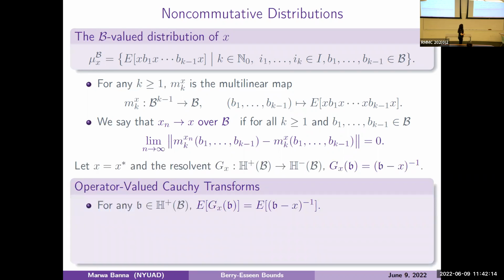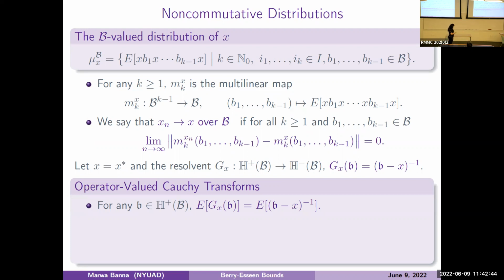And also we have a notion of operator valued Cauchy transforms that are now defined on the upper half plane of B. They are defined in the same way. So by upper half plane, you just mean elements of B with positive imaginary part. Yes.